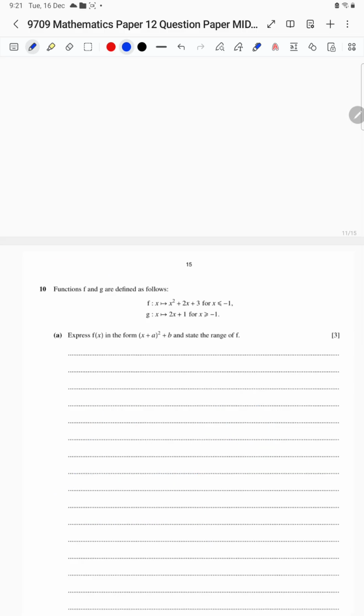Okay, here question number 10. You are given the two functions f and g. Express f of x in completing square form. The function f of x is x square plus 2x plus 3, and the condition is x is less than or equal to minus 1, and we need to state the range of f.